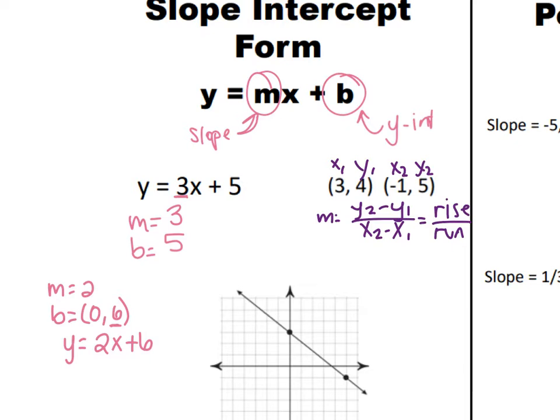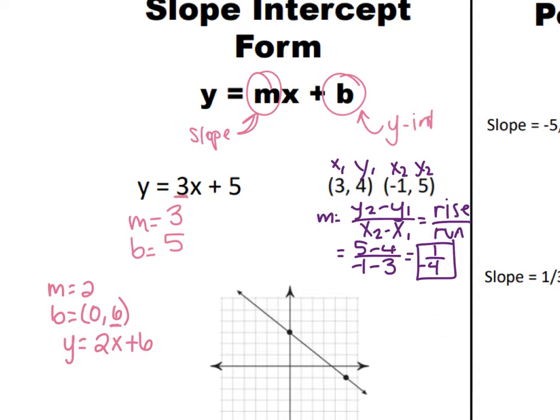Okay, so my 1s and 2s. Now I need to find the slope, so I just plug in my information from here into this formula. So that leaves me with 5 minus 4 over negative 1 minus 3. This gives you 1 over negative 4. So this would be your slope for the given points. Okay, that's if we just need to find the slope between 2 points.